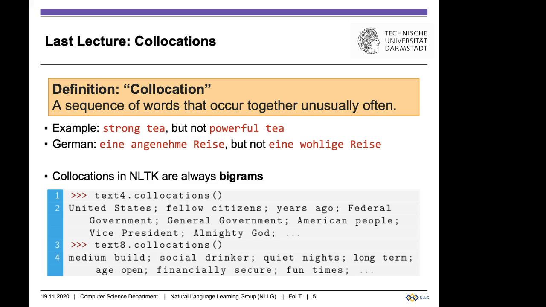For example, people prefer to say strong tea instead of powerful tea. And with NLTK, we can find all the collocations for a given corpus very easily. For example, we can get United States, fellow citizens, federal government, and so on.